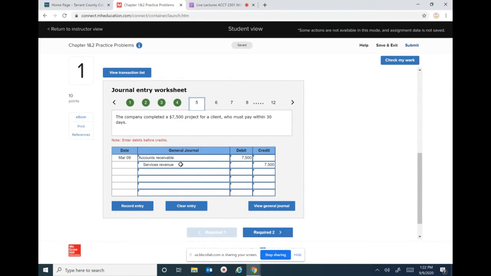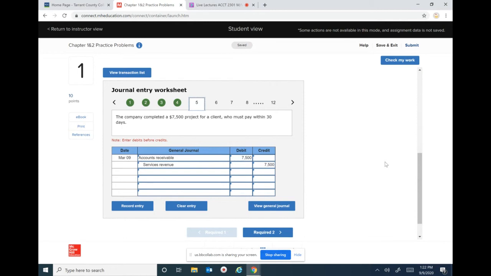Revenue is revenue when the services are performed and the goods are delivered, but it does not matter how the customer is paying. So look at transaction 4. They completed services for a client and immediately received cash. Well, here cash is debited. This is the method of payment. Service revenue is credited though because the services have been provided.